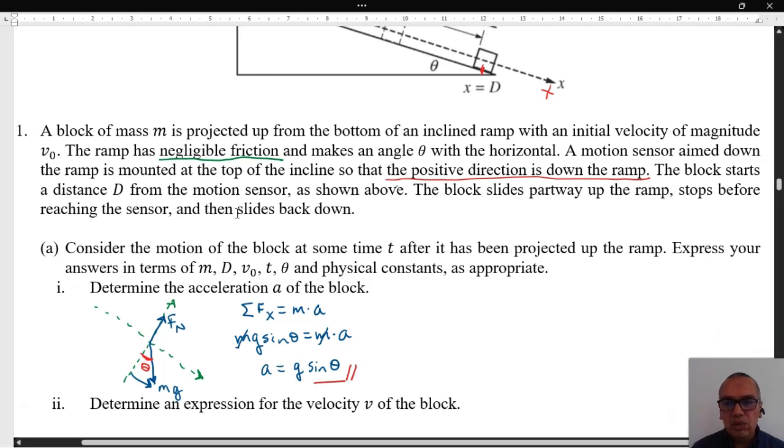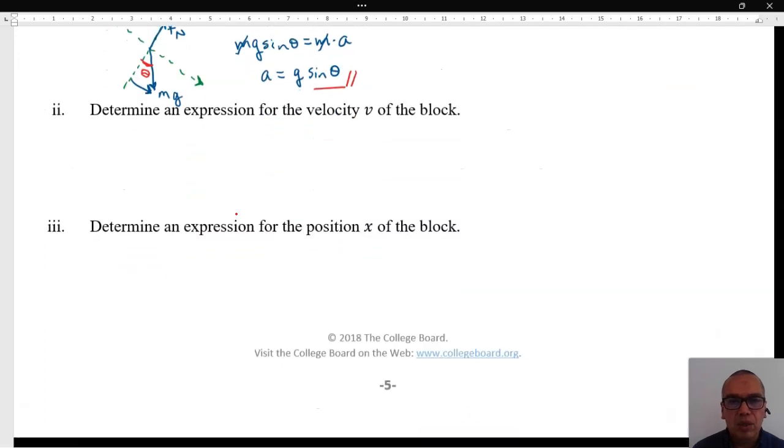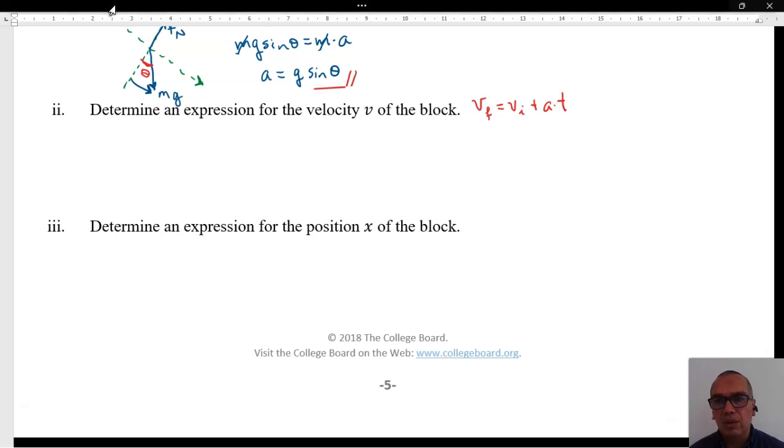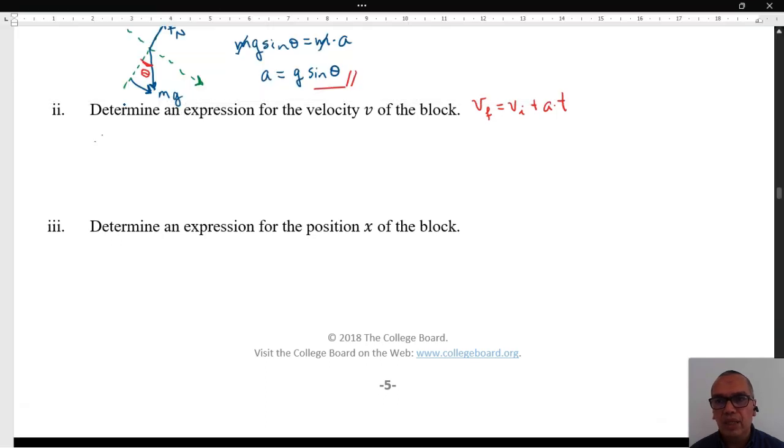Next, they want you to determine an expression for the velocity v of the block. Now, this can be done by memory. You can very well remember that a final velocity is equal to an initial velocity plus acceleration times time. But it is also true that you can do this from calculus, by considering that the derivative of velocity gives you the acceleration.